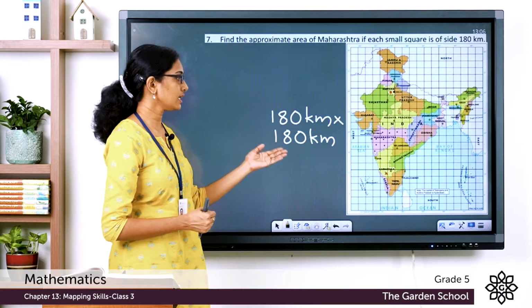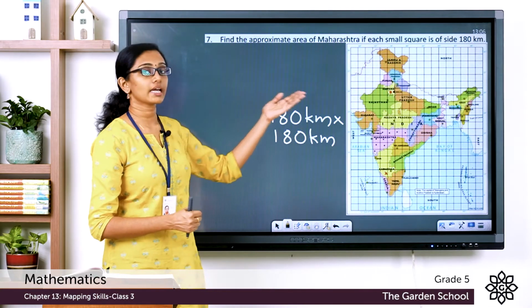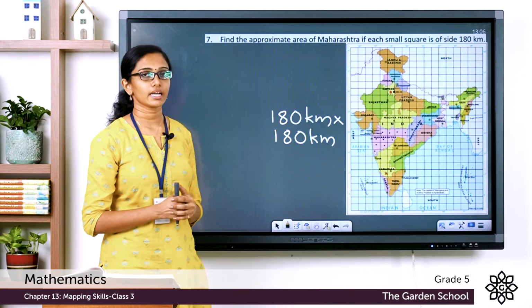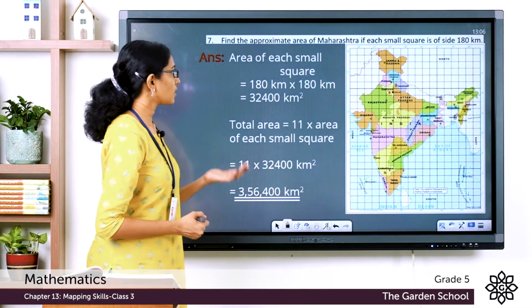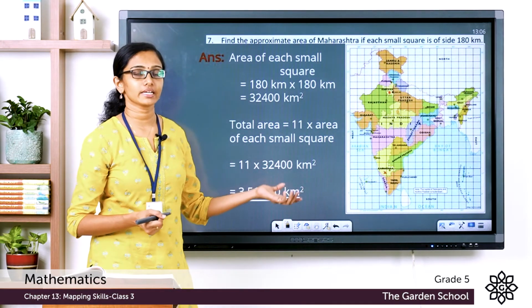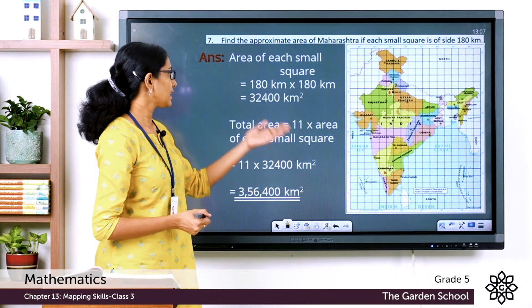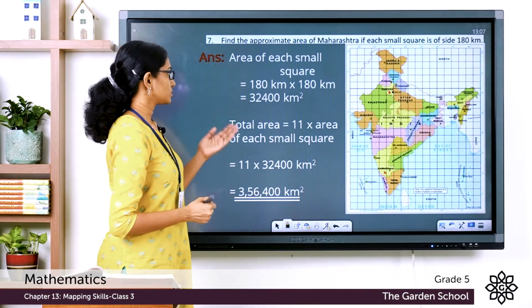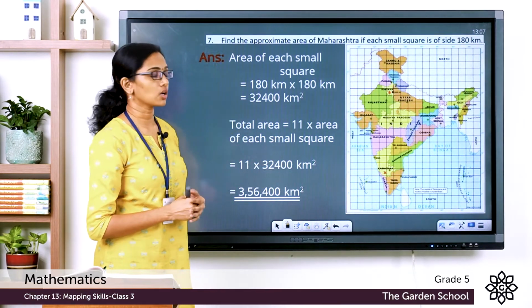And we have already seen that the area of each small square here is equal to 180 kilometers into 180 kilometers. Let's see the steps and make it more clear. So, the area of each small square is equal to 180 kilometers into 180 kilometers, that is side into side, and that is equal to 32,400 square kilometers.